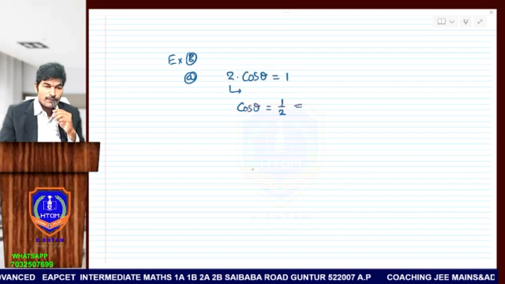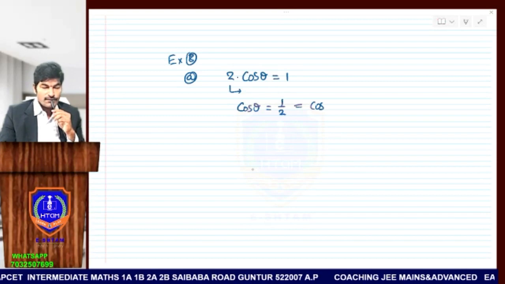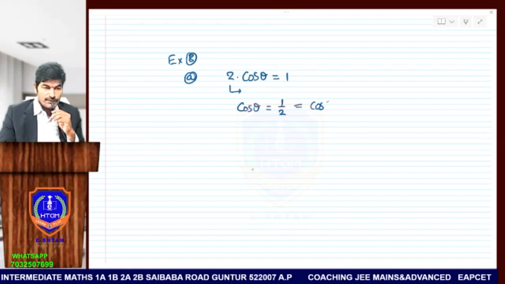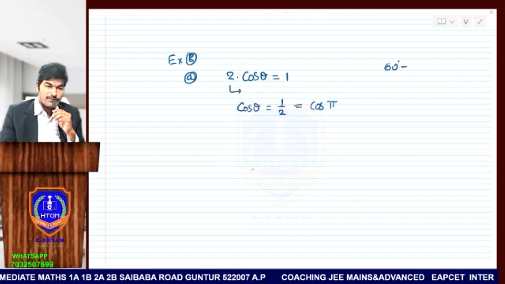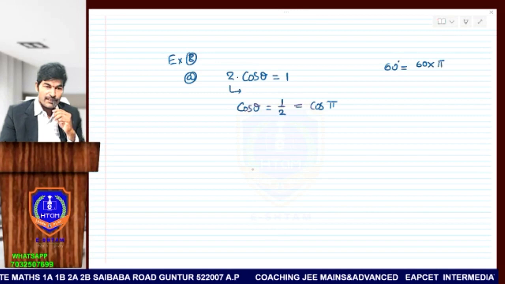And you can express this 1 by 2 as, can you tell me, 1 by 2 was equal to cos of which angle? 60 degrees. This 60 degrees can be written as 60 into pi by 180.